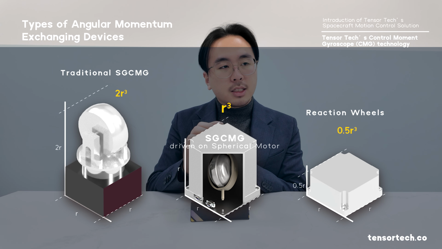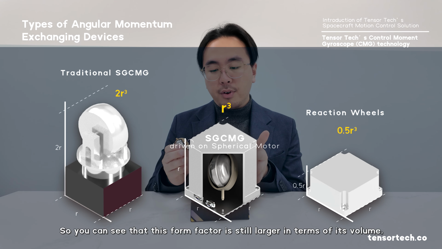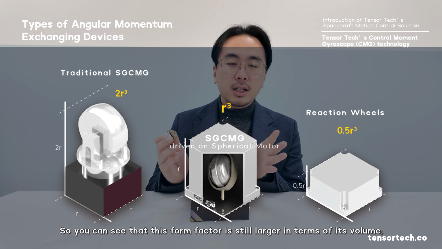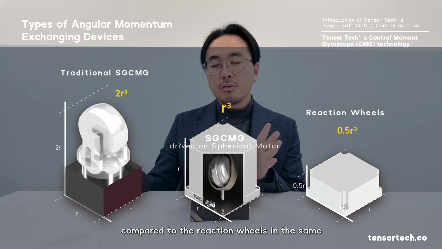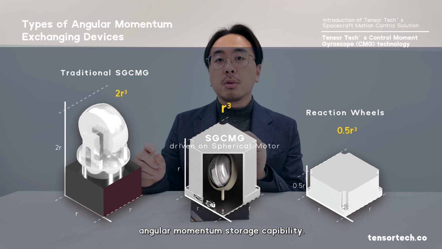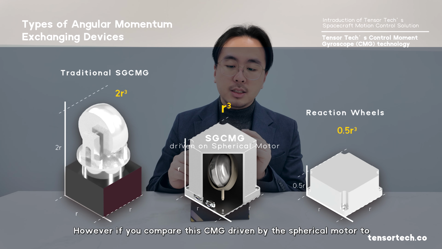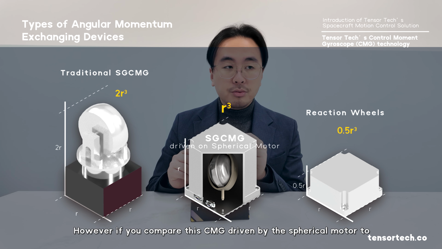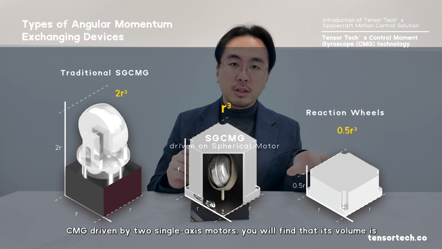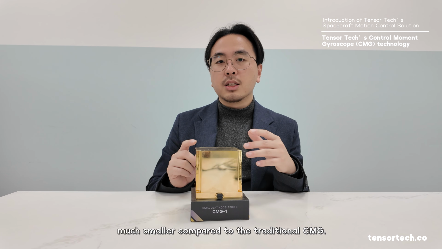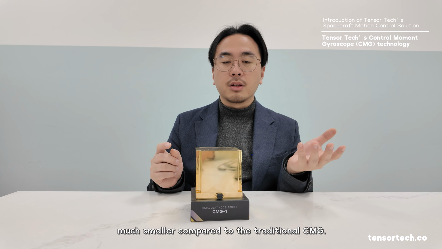This form factor is still larger in volume compared to reaction wheels with the same angular momentum storage capability. However, if you compare these CMGs driven by a spherical motor to CMGs driven by two single-axis motors, you will find that its volume is much smaller compared to the traditional CMGs.